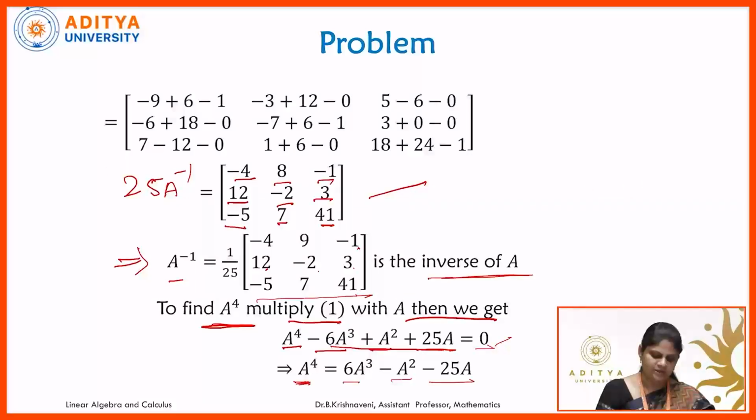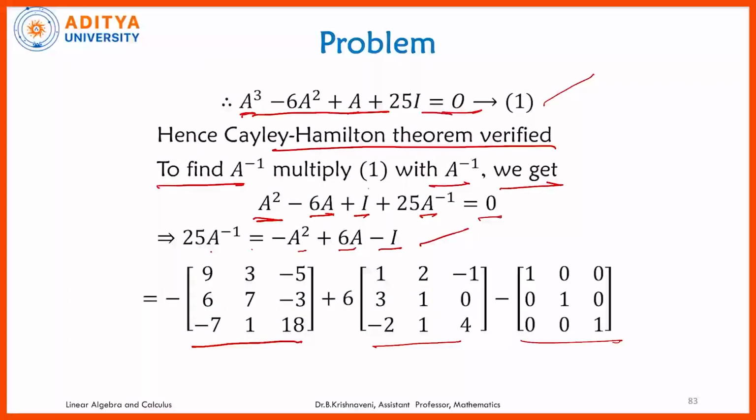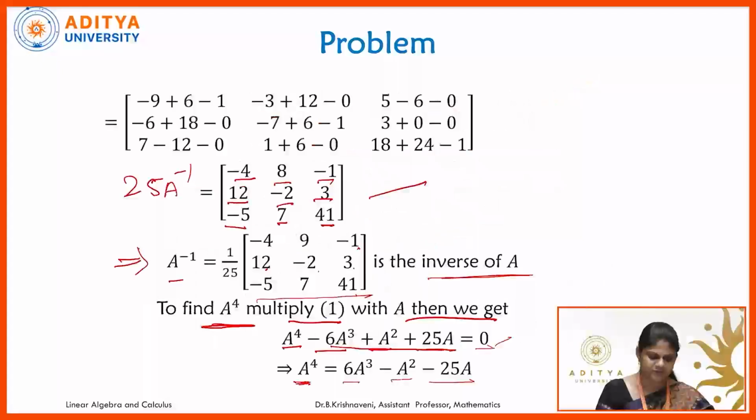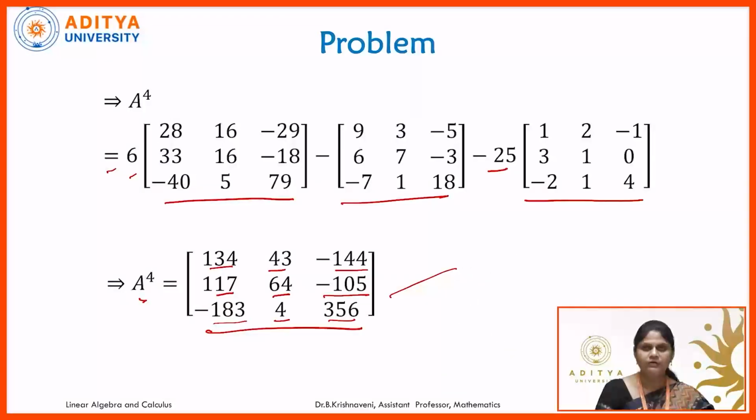You can see the application in this question, finding A inverse as well as higher powers of A, which is A power 4. And you can see how easily we have calculated it using the Cayley-Hamilton theorem.